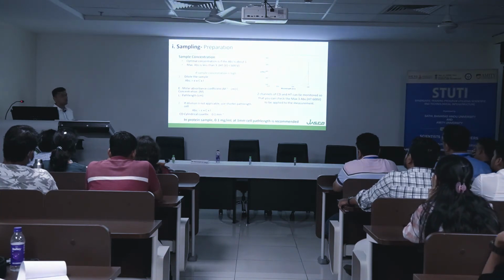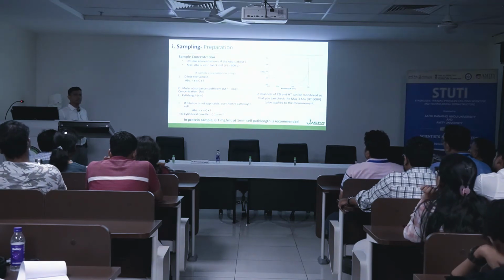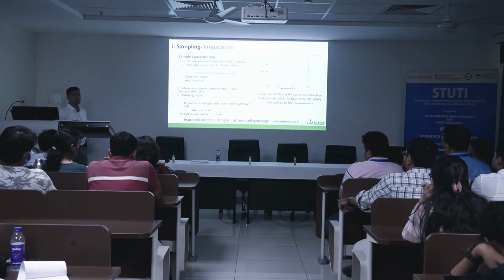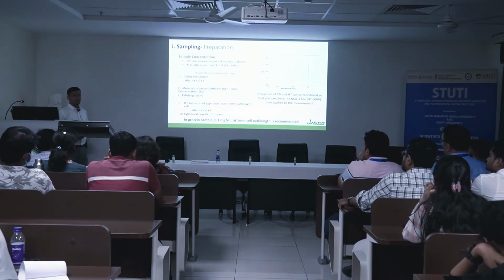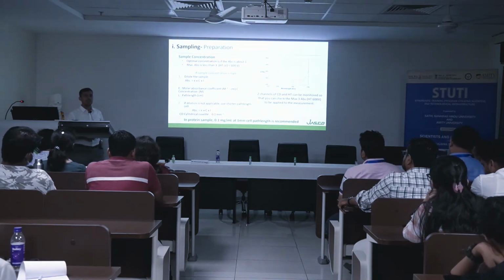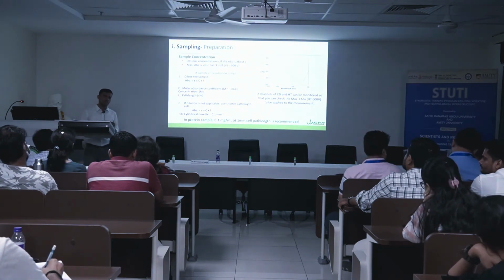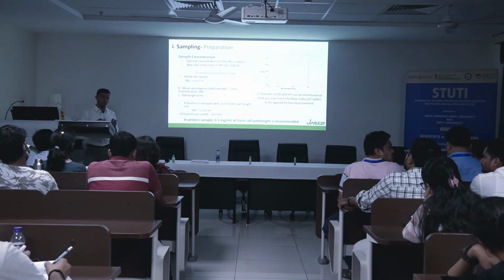So whenever you get a CD spectra, you will get a CD signal, and the second one will be the HT values. This HT value should not go beyond 700. It's like the absorption of your samples. If your sample is too concentrated, the absorption will not be proper.